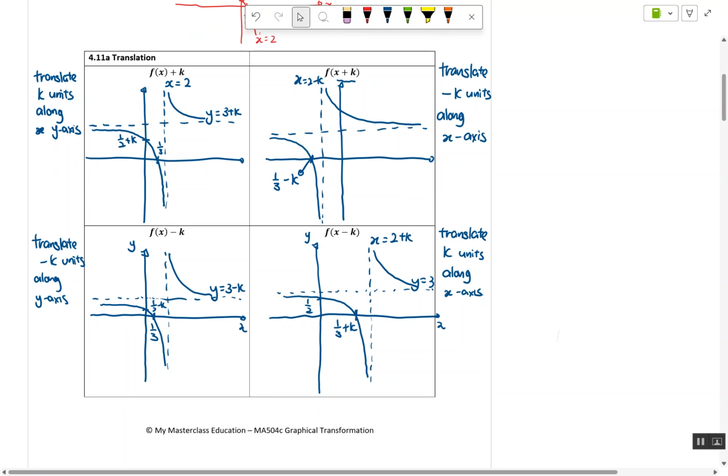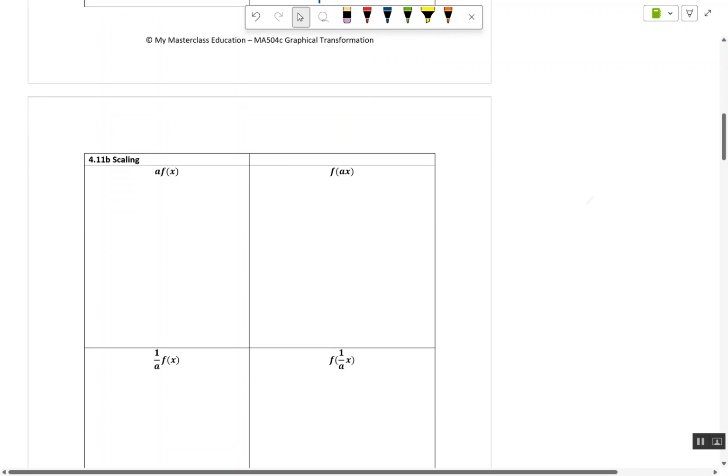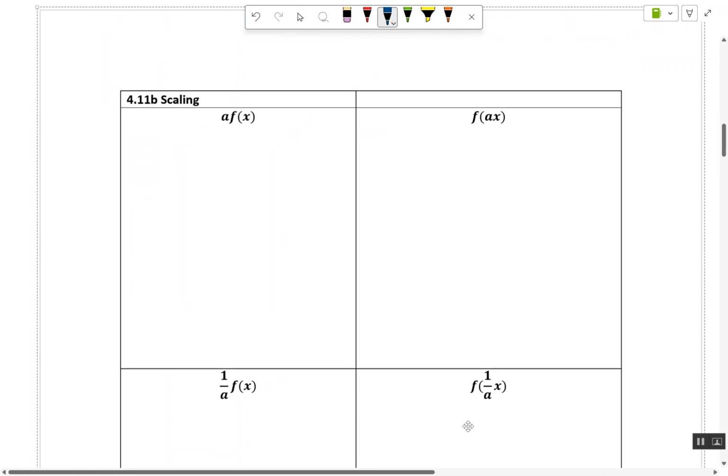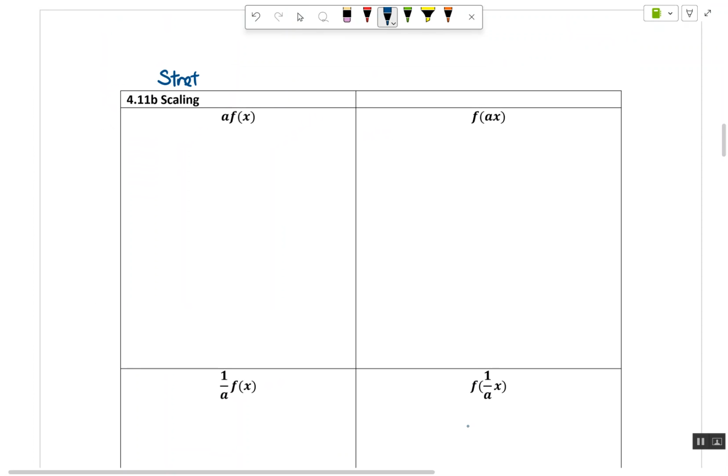Okay, so if you go and see, scaling means we stretch. Another word for scaling is to stretch. So when you multiply a in front, you are scaling a units along the y-axis. That means you make it bigger with respect to y.